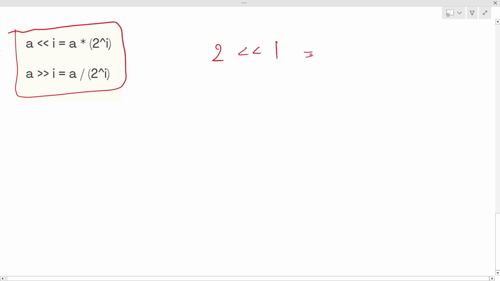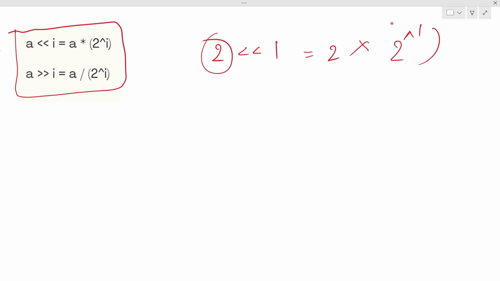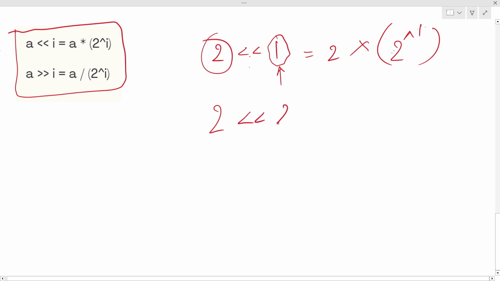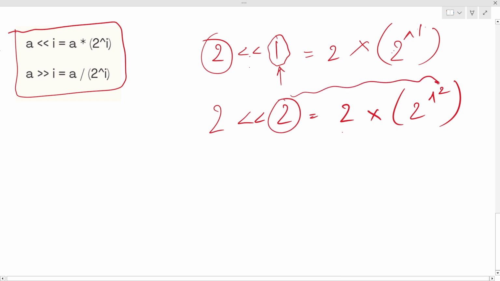The simple thing, guys, is you take this number and multiply it with 2 power 1. 2 power 1 in the sense that whatever the number is, that is how many times it is set to left shift, and you do 2 power that many times. Let's say if given 2 left shift 2 times, then you do 2 into 2 power 2. I'm doing the same thing, multiplying 2, but I'm keeping the power as 2. So only the power is changing.